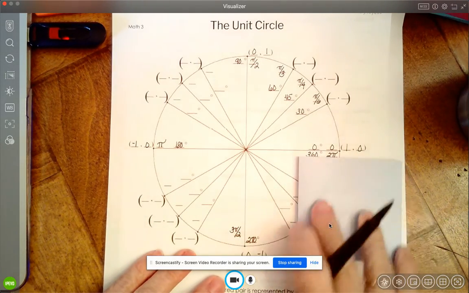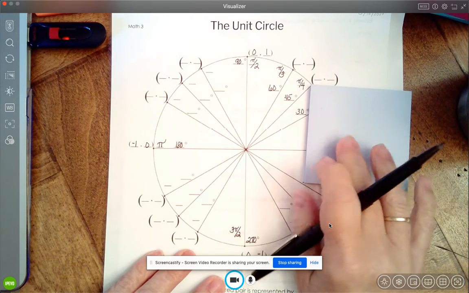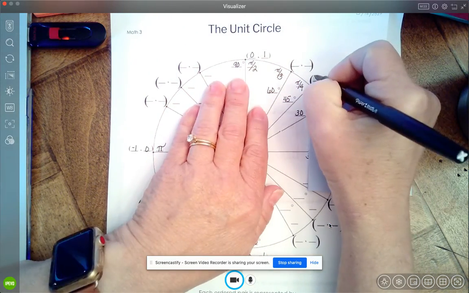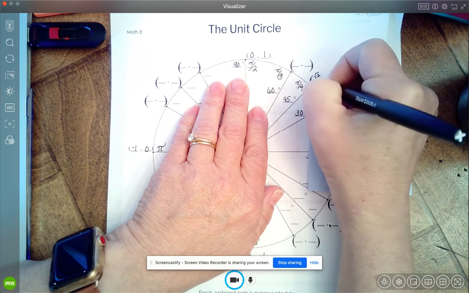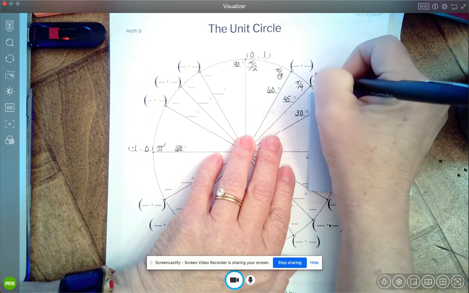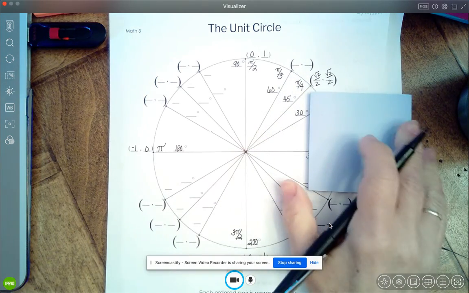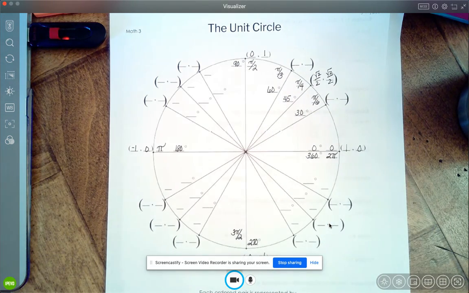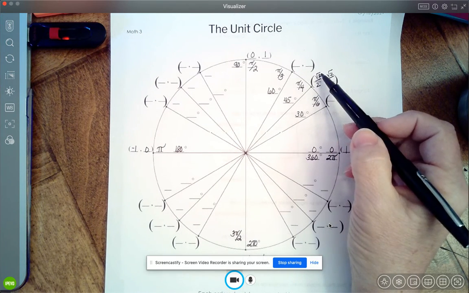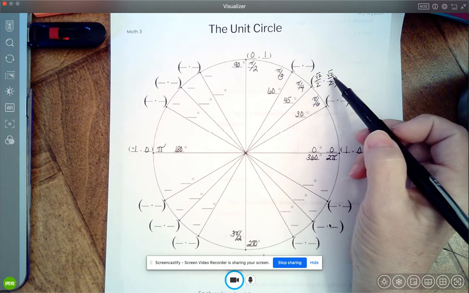So right here, what are my coordinates? I have come over square root of 2 over 2, and I went up the square root of 2 over 2. So if you are asked, what are the coordinates here? It is square root of 2 over 2, square root of 2 over 2.